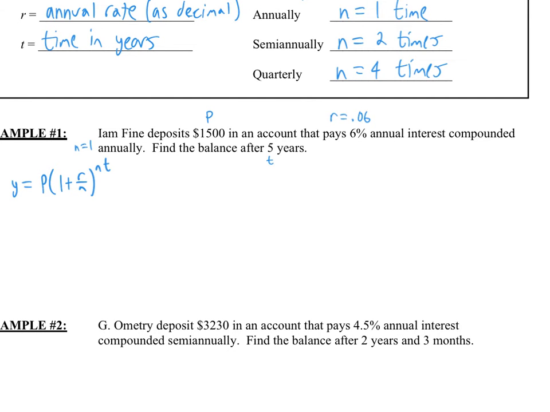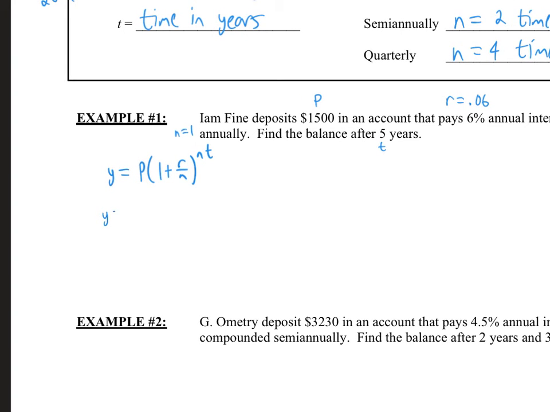Okay, so let's plug it in now. So we have y equals, our P is 1,500, times 1 plus r over n, so 0.06 all over 1, all to the 1 times the time, which is 5 years.